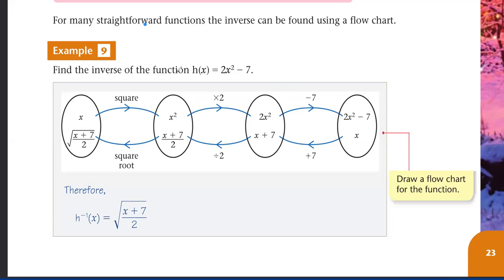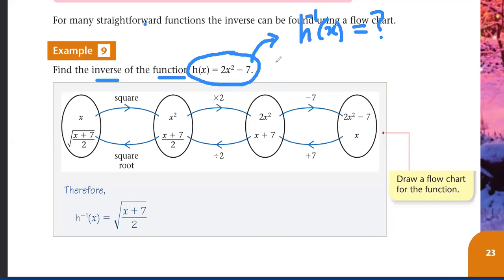Next important thing of this lesson is inverse function. Given h(x) equals 2x squared minus 7, you have to find the inverse of that. That means h inverse x.